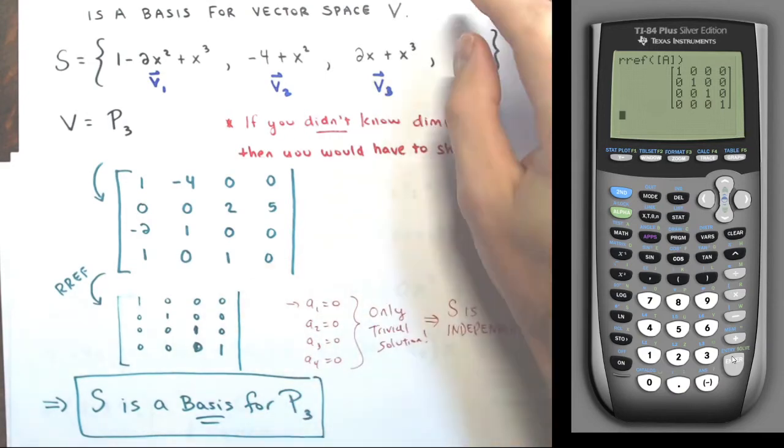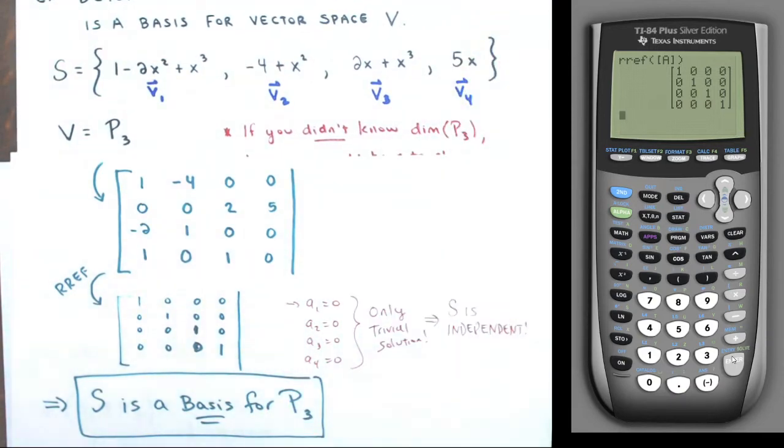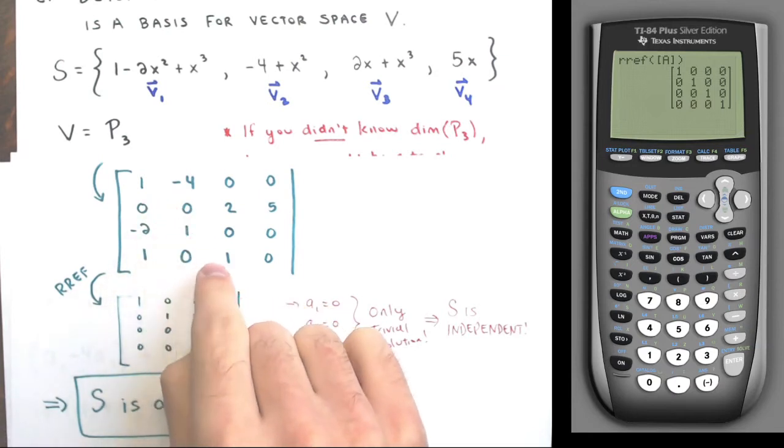One other thing I wanted to point out. Remember how, in the previous video, when I took a set of vectors from Euclidean space, written as column vectors, and I was testing for independence or testing to see if it spanned the vector space, we created this system of equations, and they both had the same coefficient matrix, like, there's a coefficient matrix here.